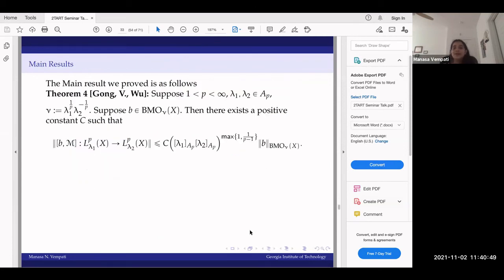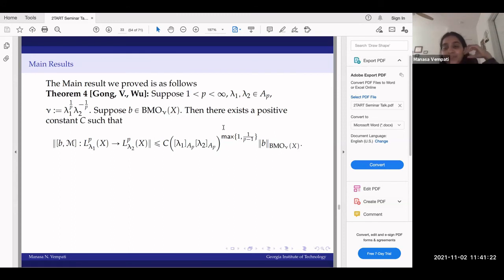Now coming to the statement of our theorem. Theorem 4 that you see here gives what we proved for the commutator of the Hardy-Littlewood maximal function. In our setting, we consider a p that lies between 1 and infinity. We take A_p weights lambda 1 and lambda 2 and a nu that is given by lambda 1 over lambda 2 to the power of 1 over p. We suppose that we have a b that is in the weighted BMO space of X with weight nu.